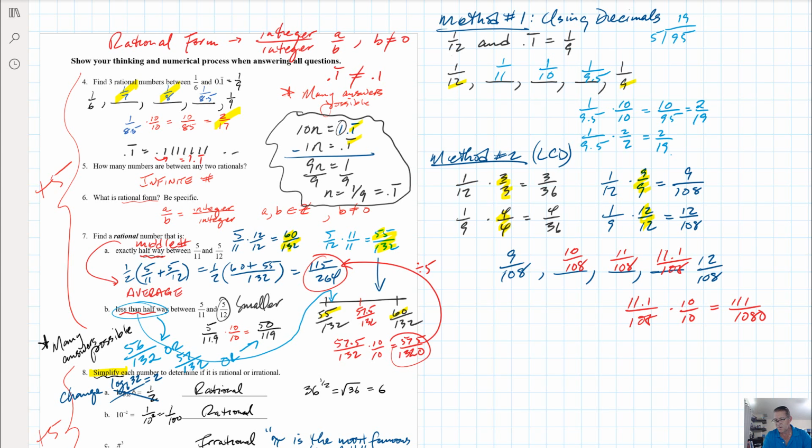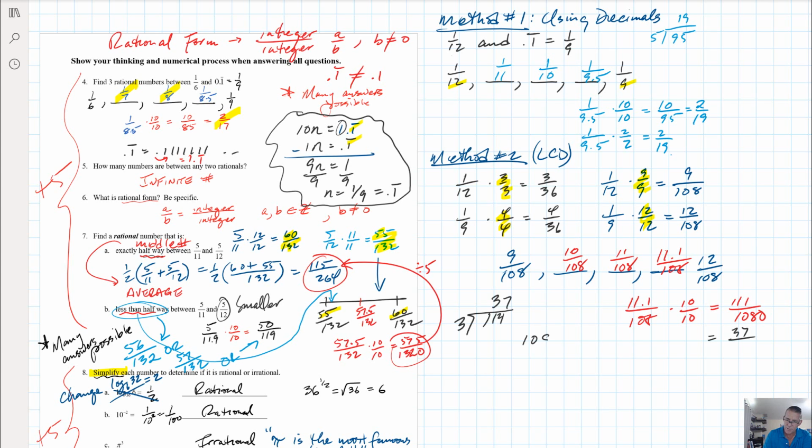If you wanted to, you can simplify this. You can divide both by 3. 111 divided by 3, if you want to use your calculator that's fine, but this divides in 3 times, remainder 2, and 21 divided by 3 is 7, so it's 37.